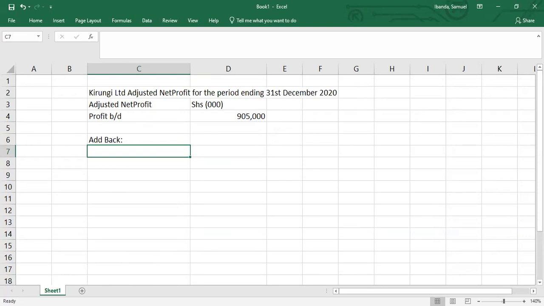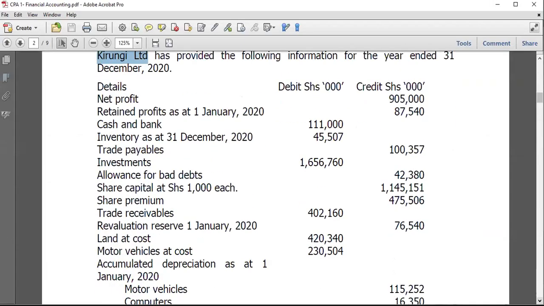So I want you to be very attentive here as we try to see how we are going to affect our net profit.